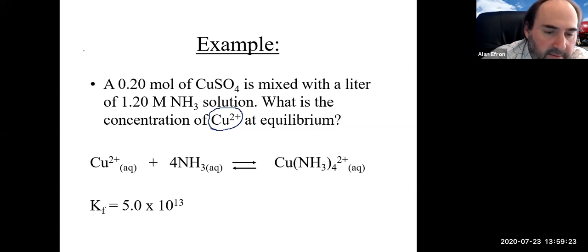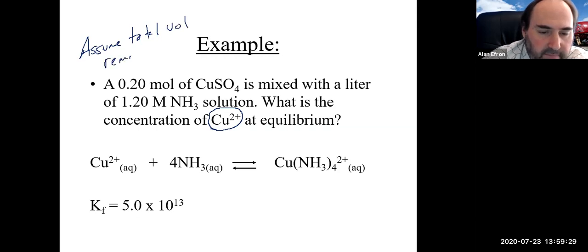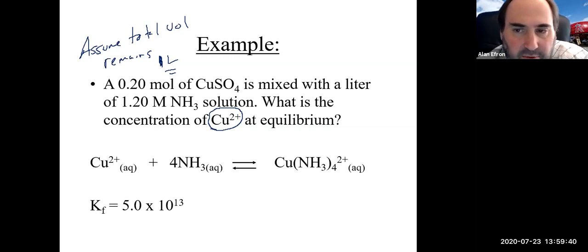For this particular problem, we're going to assume that the total volume remains 1 liter. So that's just an assumption. It won't always obviously be the assumption, but we're going to make that assumption as it is a good idea here.